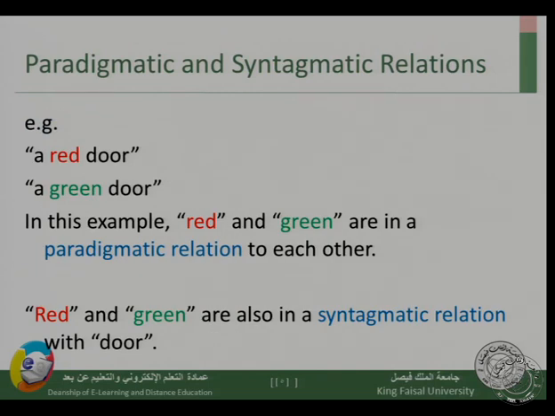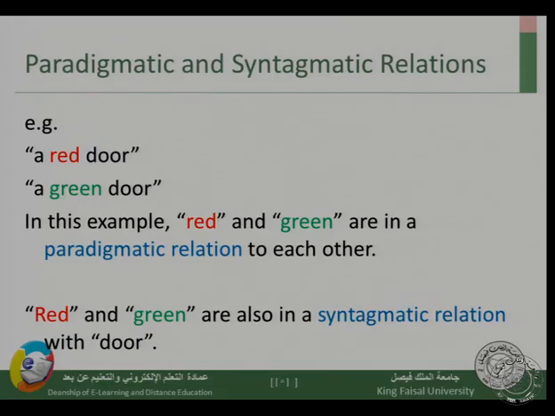This is an example, just to make the idea clearer. A red door and a green door. In this example, red and green are in paradigmatic relation to each other. And if you compare the two, you will notice that they are adjectives. So we compare them by looking at them vertically, and so this is what we call a paradigmatic relation.